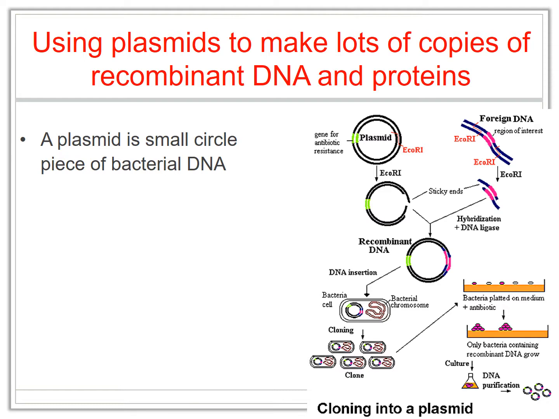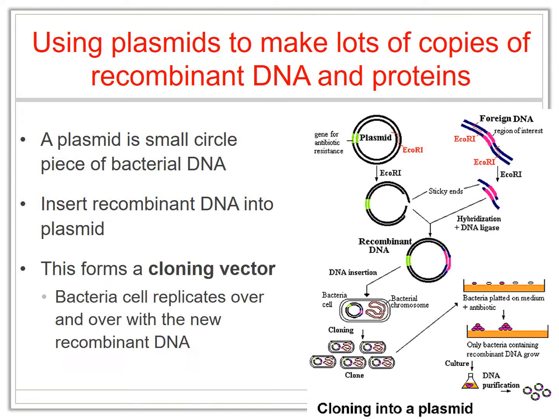It is not the full genome of the bacteria, but a small piece that it has taken in from another bacteria, or it's an extra piece of DNA, not in its nucleoid. Humans can insert recombinant DNA into that plasmid and then form a cloning vector.